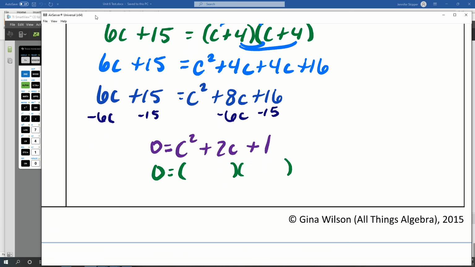And then we're going to factor this one. So it's going to be c and c. And then again, this tells you the signs are the same, and this tells you they're both plus signs. And this one works out kind of nice because there's only two things that multiply to give you 1. What are they? 1 and 1. And they add to give you 2, so that has to be it. And then there's really no need to set both of these equal to 0 because they're both going to give you the same answer, which is -1.